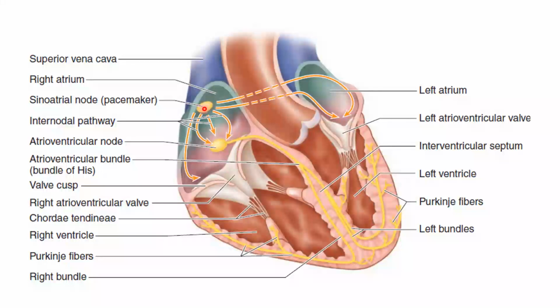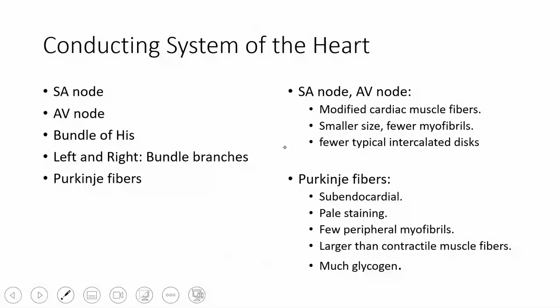So this system, these cells you find in the SA node, the AV node, and these fibers, the bundle of His, all these are specialized cardiac muscle cells. Okay? They are not nerve fibers. They are specialized muscle cells. But you can find a bit of differences.